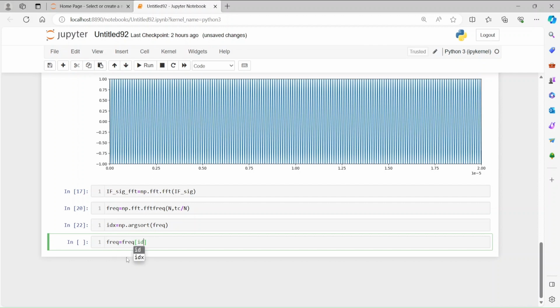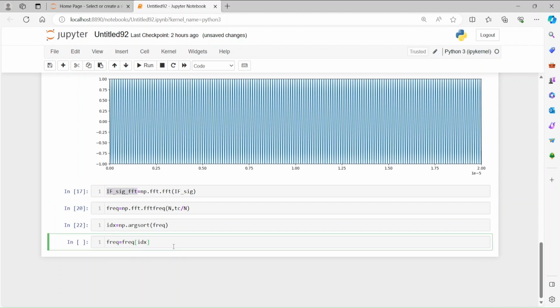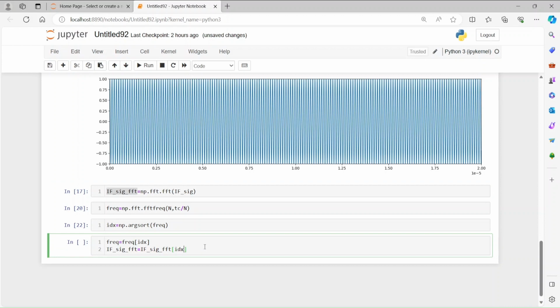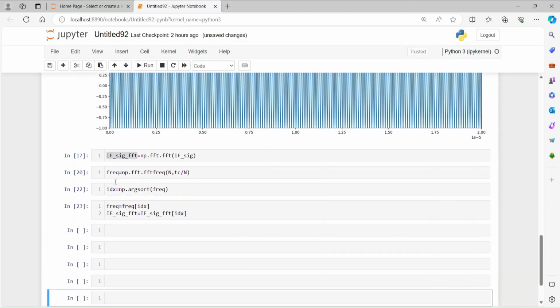Apply the same thing on this IF signal FFT as well, sorting it with the same idx values. Let's run it, and now it's time to plot the signal.